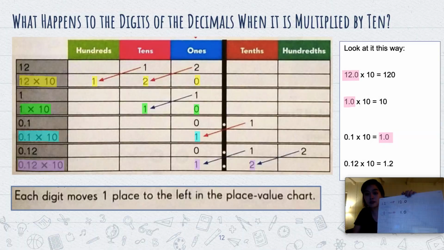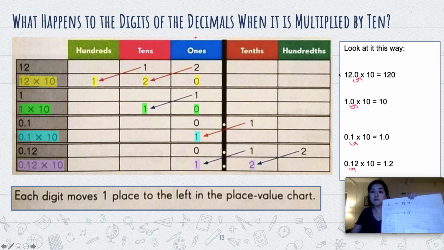So I'm going to change those into 12.0 and 1.0. Now that I changed it, when I multiply a decimal by 10, all I need to do is move the decimal point one place over to the right.